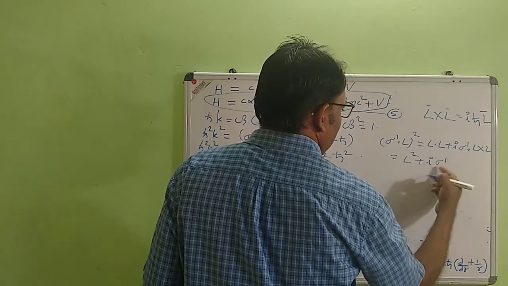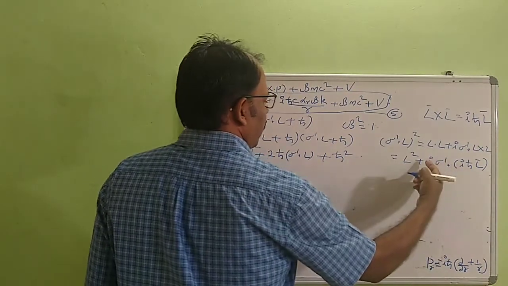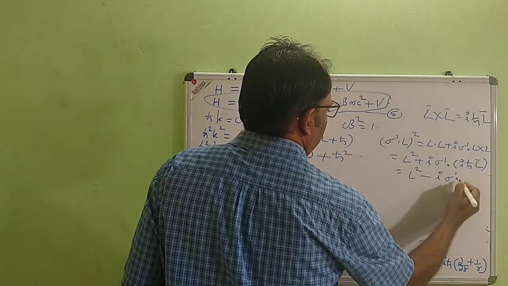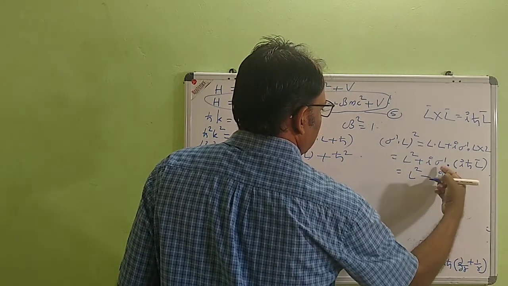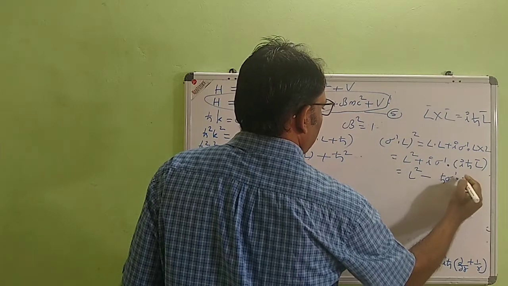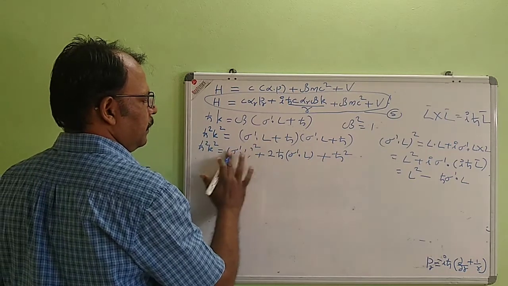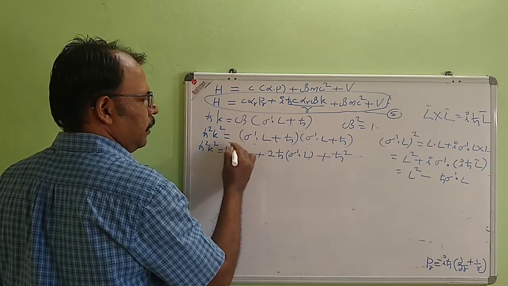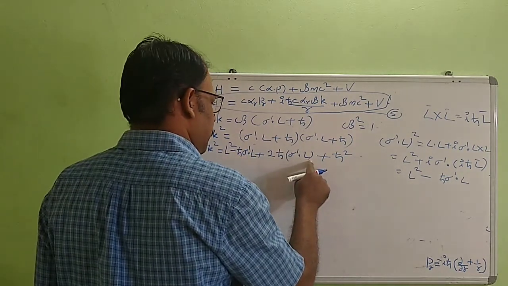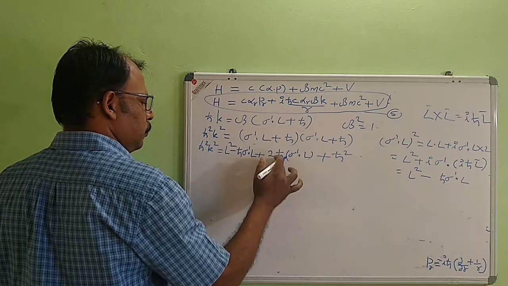So we can write it as i sigma prime dot i h bar L. So this i square is minus 1, so it is L square minus sigma prime dot h bar L. So this sigma prime dot L the whole square, we can write it as L square minus h bar sigma prime dot L. This plus 2 h bar sigma prime dot L. So combining this, we will be having minus 1 plus 2, so it will be plus 1.